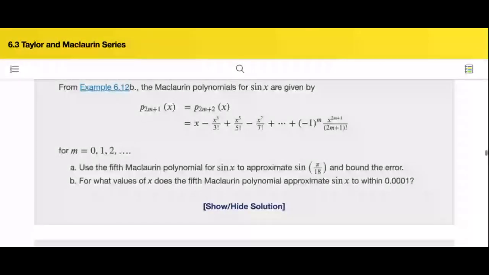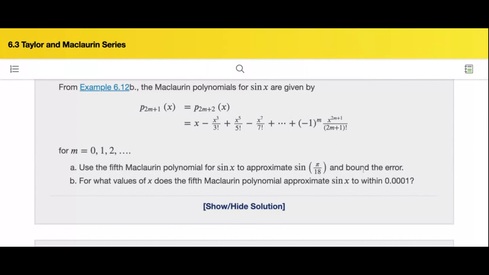So we got x minus x cubed divided by 3 factorial plus x to the 5th divided by 5 factorial, and so on and so forth. This one only goes to 2n plus 1 order. So, using the fifth Maclaurin polynomial for sine x to approximate sine pi over 18 and bound the error.